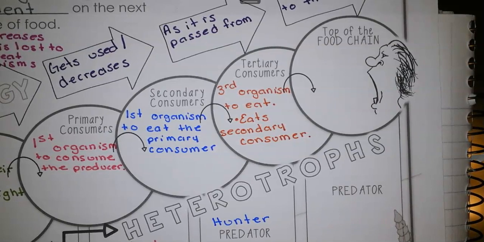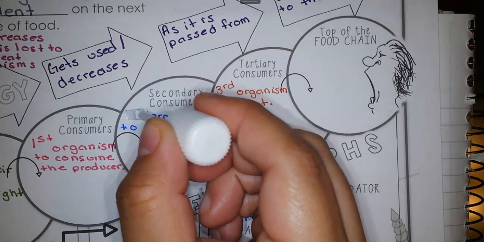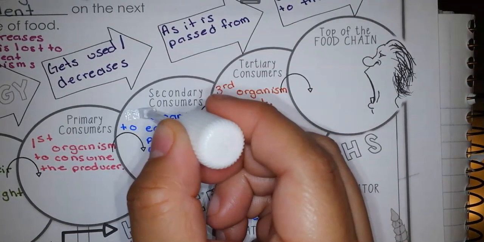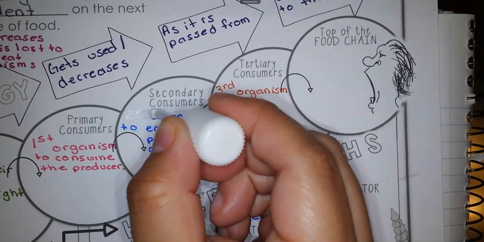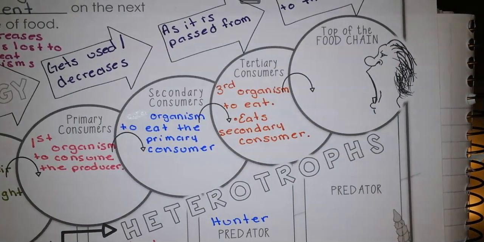I'm going to go back to my secondary consumer; I'm going to let it dry. Again, our tertiary consumers are also considered hunter predators. They can be omnivores, or they can be carnivores.